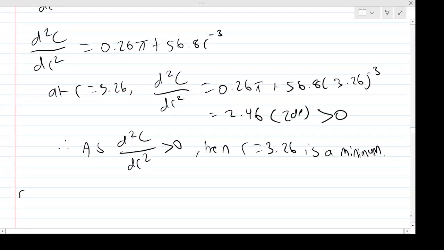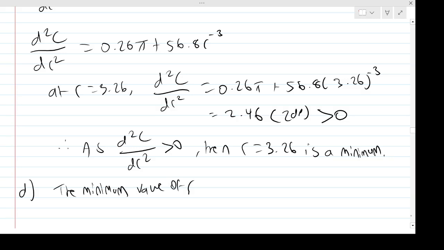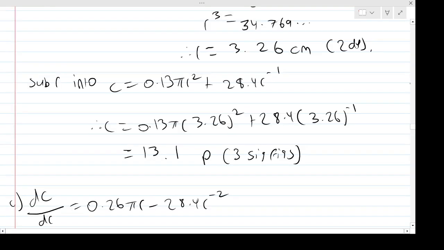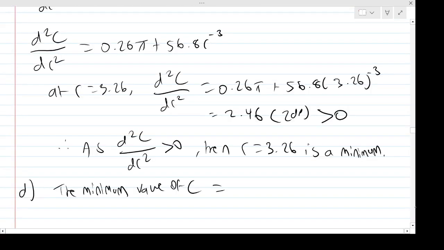Okay, so I guess we just round my answer to part B. So part D. The minimum value of C is equal to, from part B, that's what we worked out, 13.1 pence, right? To 3 significant figures, right?